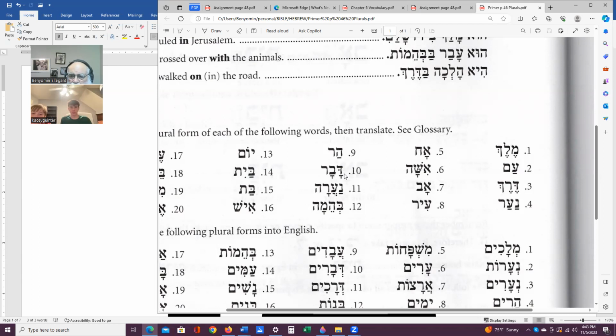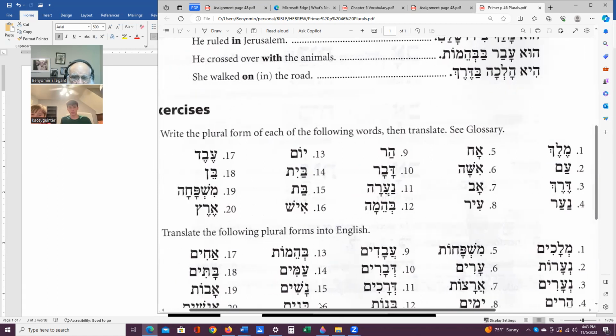Caleb. Davar, word. Cooper? Na'ara, young woman. Excellent. Very good. Bahema, animal, singular. Plural we're going to get into, and that'll be behemoth.